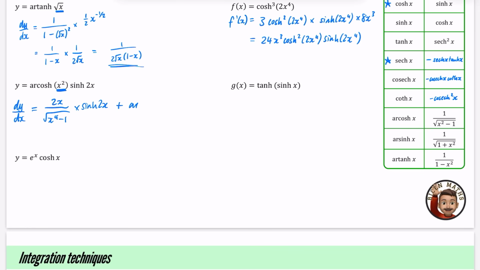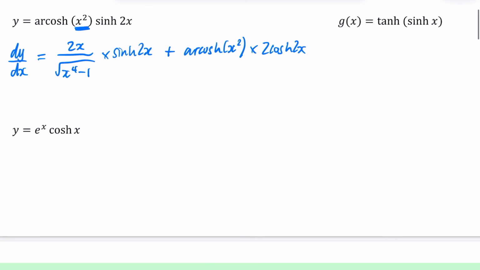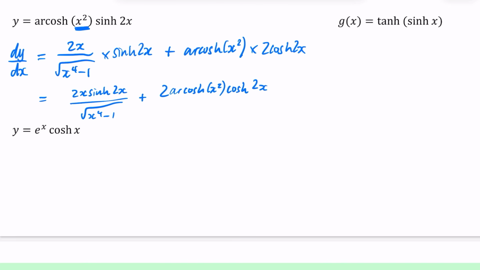For the second part of the product rule, I will have the arcosh of x squared multiplied by the derivative of sinh 2x, which is just 2 cosh 2x. So not looking particularly neat, but it's going to be 2x sinh 2x over the square root of x^4 minus 1, plus 2 arcosh x squared multiplied by cosh 2x.